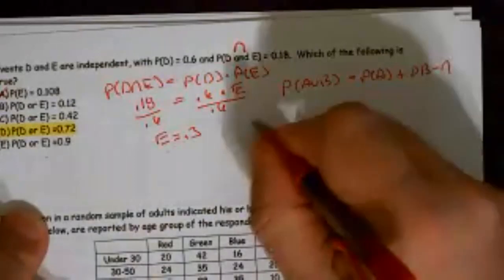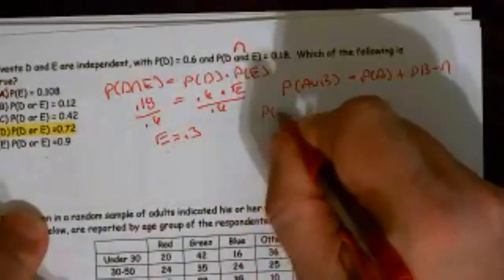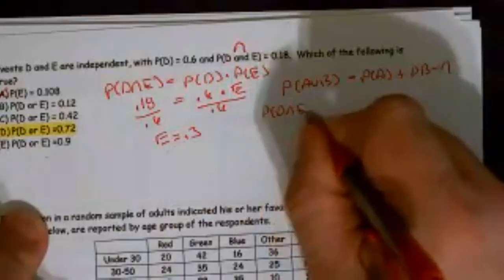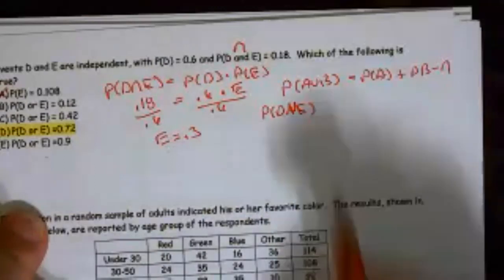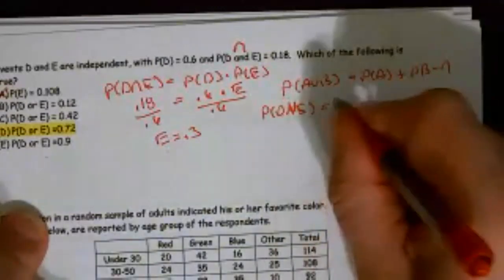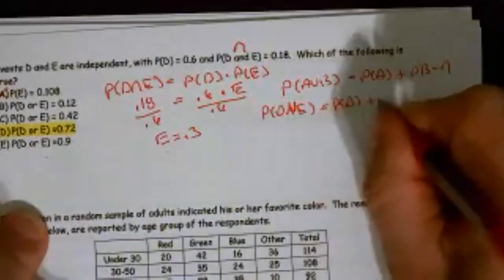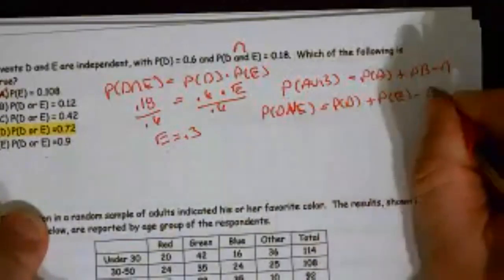Only in this case, we're working with D and E. So the probability of D union E, because that's my or symbol, that's supposed to be the U, equals the probability of D plus the probability of E minus the intersection.